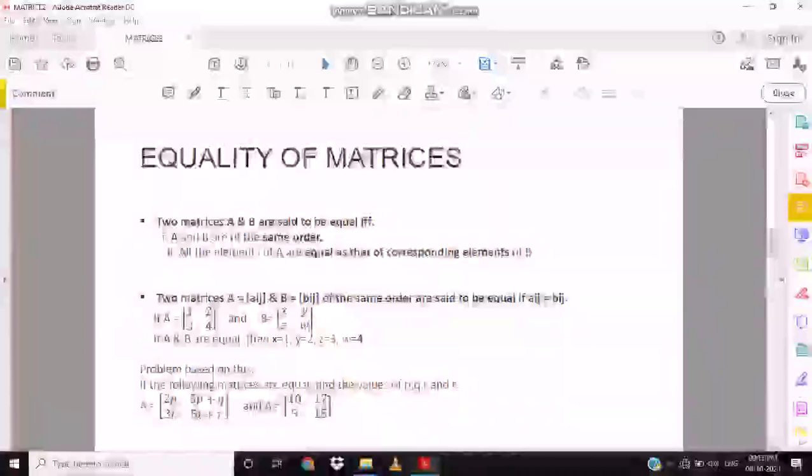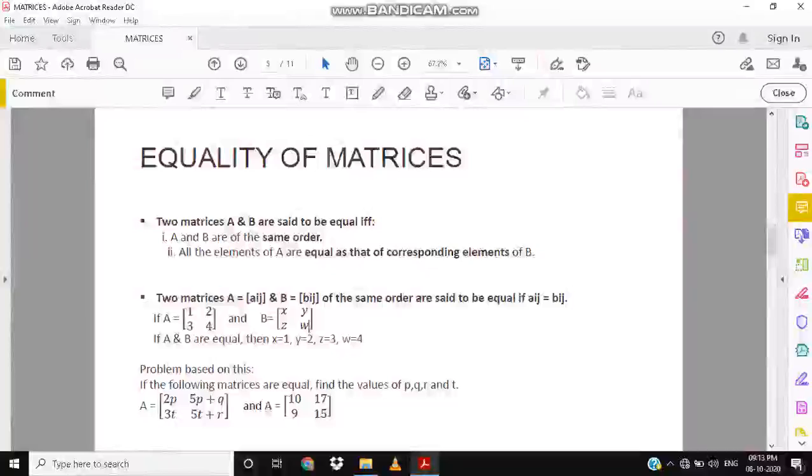Now we come to another topic, that is equality of matrices. See, if there are two matrices, say A and B, like we can see it over here, right? So these two matrices will be equal only if the order of these two matrices are same. You see, what is the order of matrix A over here?